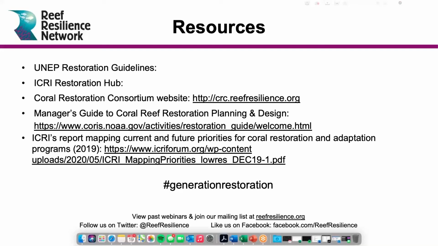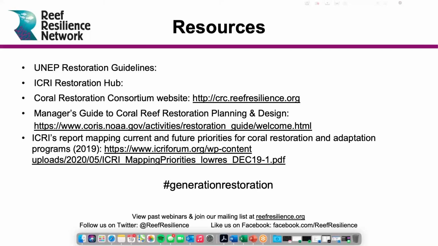Of course, these models are not perfect and they're not going to be 100% accurate, but we just put out a report recently on bleaching futures and which reefs around the world might be more vulnerable to coral bleaching in the coming decades, and which coral reefs might be less vulnerable. And of course, that can also give you an idea of where you might want to focus your restoration efforts and where you might want to focus your management and conservation efforts.